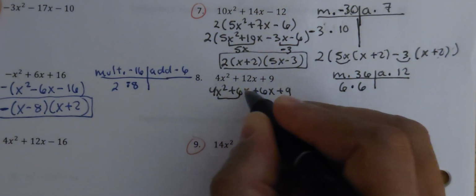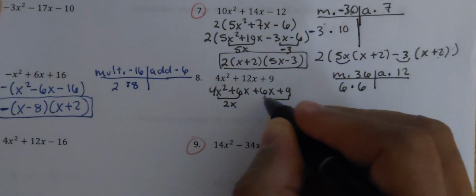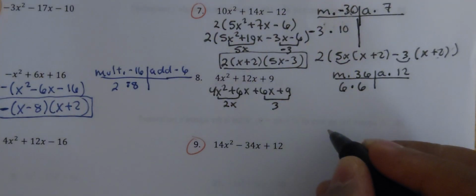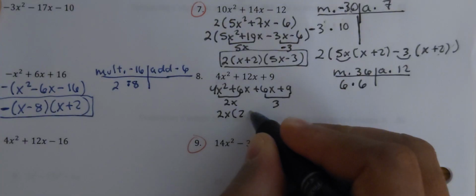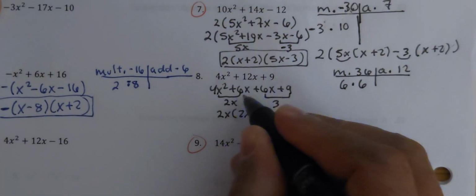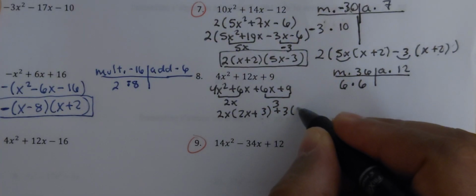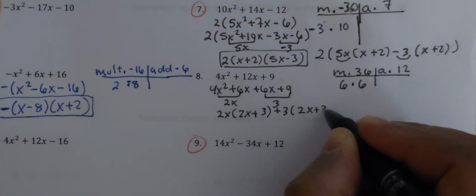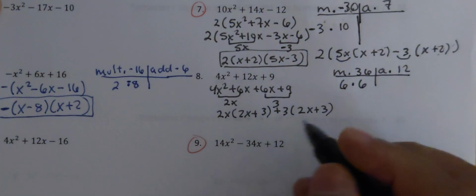Then GCF of this group is 2x. GCF of this group is 3. Okay. So then GCF of 2x comes out. Then now this is 2x plus 3. And this one, there's a positive 3 coming out as a GCF of the second group. So then this is 2x plus 3. So we have the same GCF of 2x plus 3 in the two groups.